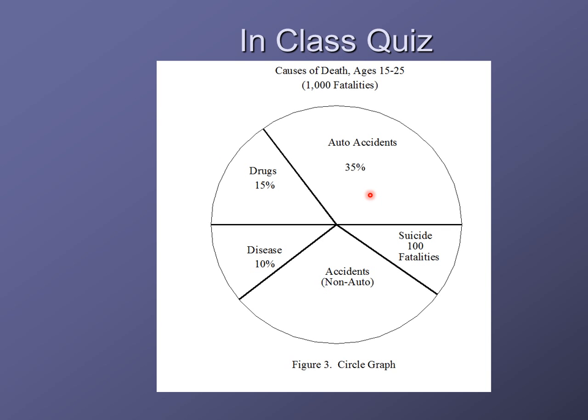So out of, let's say, 1,000 people, 15% died from drugs, 10% disease, and 35% auto accidents. And we have another 2 categories. One is suicide here, but the percentage is not given. Another one is accident, but the percentage is not given. So that means we have to find out.